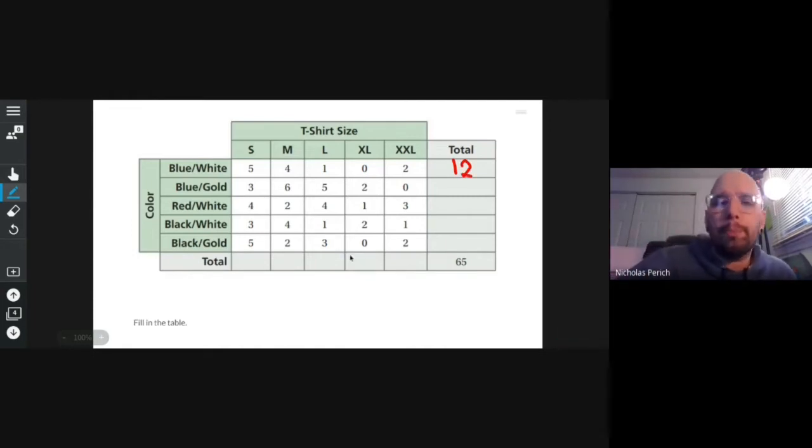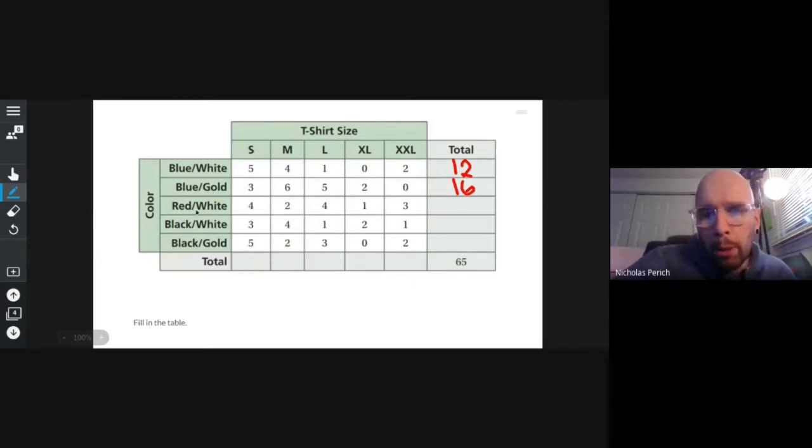I'm sorry, blue white. Blue gold is going to be 3 plus 6, which is 9, plus 5 is 14, plus 2, which is 16. So 16 total people wanted blue gold.